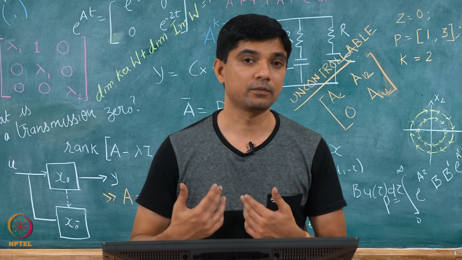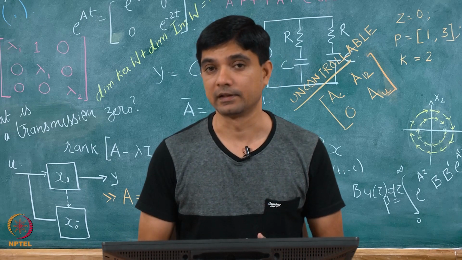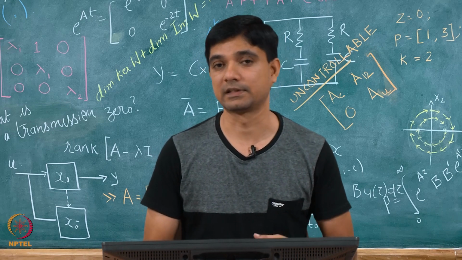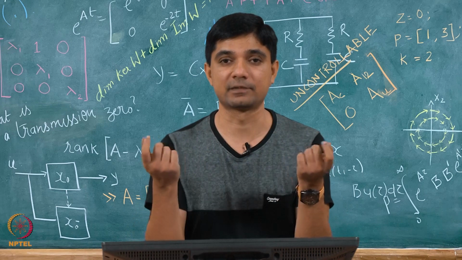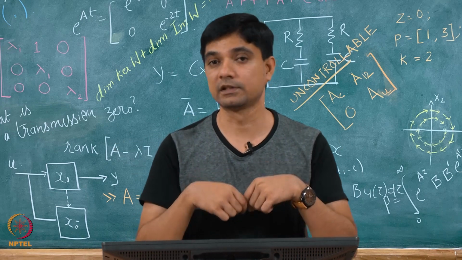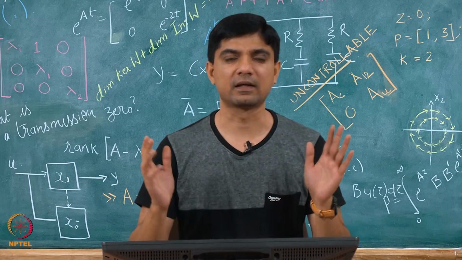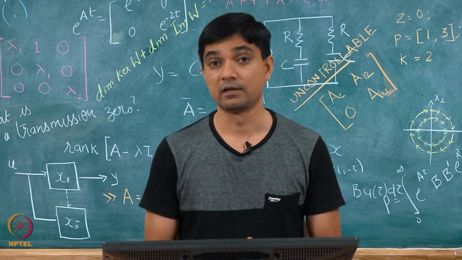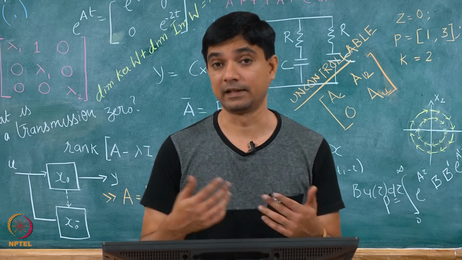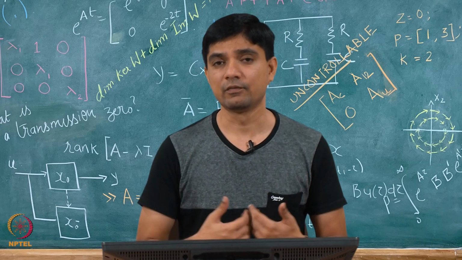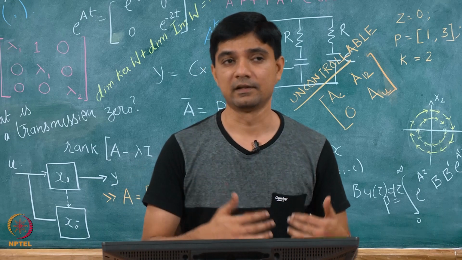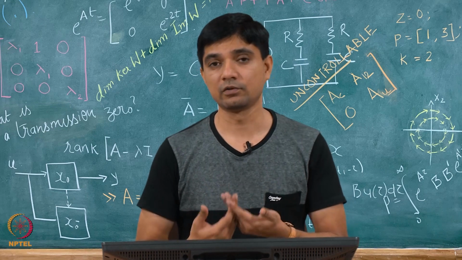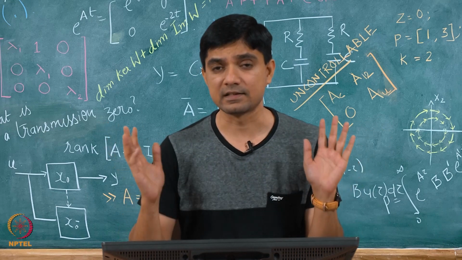And starting from the definition of controllability, loosely speaking, the question was, can I start from any point in the state space and come back to the origin with the help of some unconstrained control? I was not really interested in what control effort is required or how much time it takes. I was just happy saying it should reach from point A to point B in some finite time, and also with an unconstrained control input.